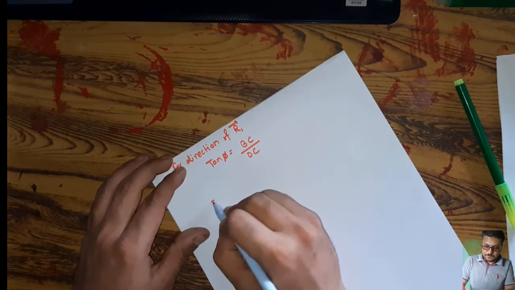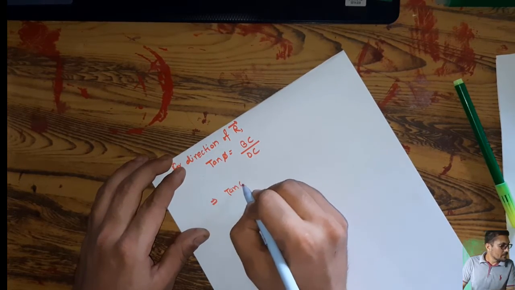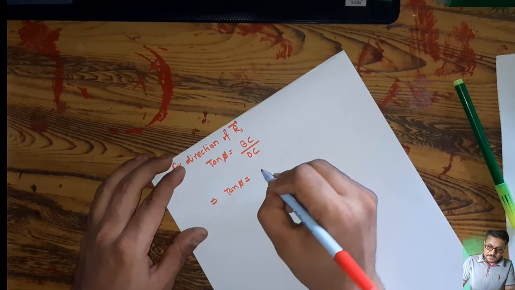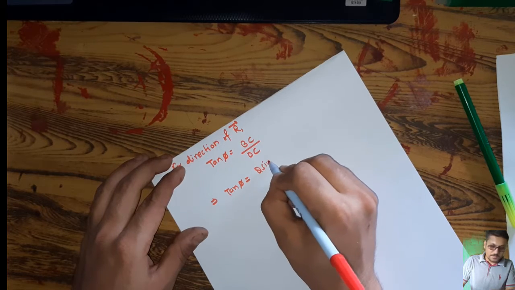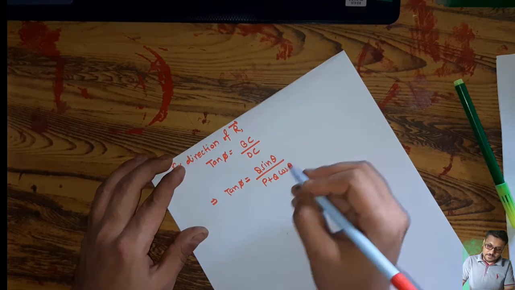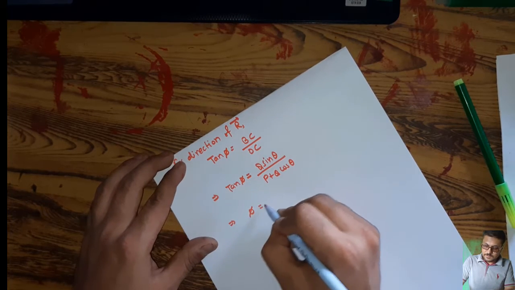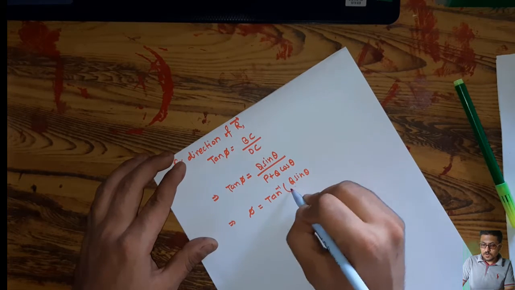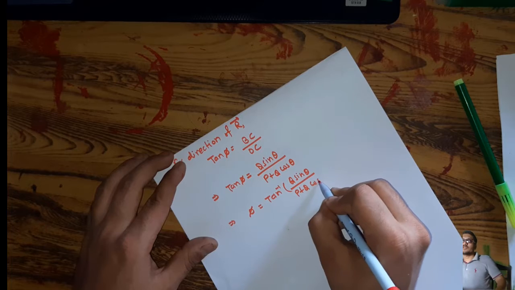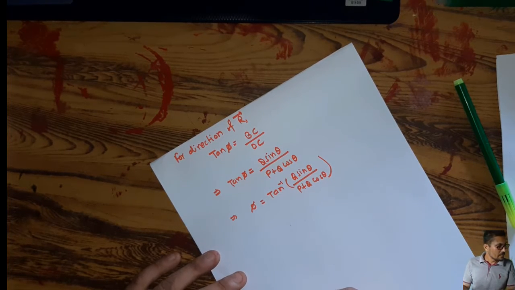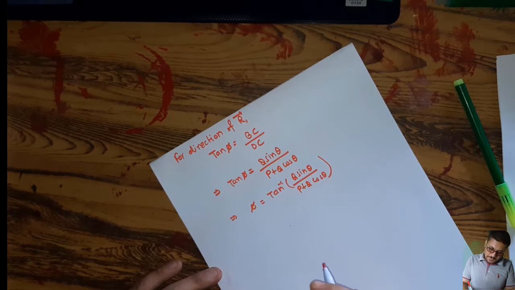Then tan phi is equal to BC by OC, means Q sin theta by P plus Q cos theta, which implies that phi is equal to tan inverse of Q sin theta by P plus Q cos theta. This is the value for the direction of the resultant vector. By using this we can solve these.